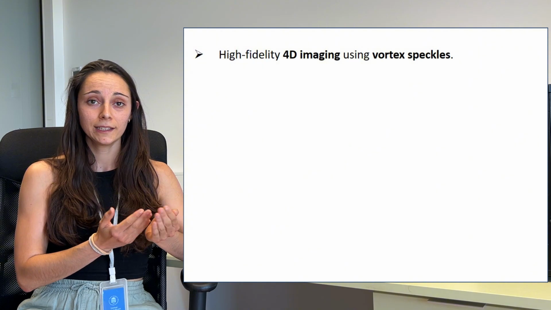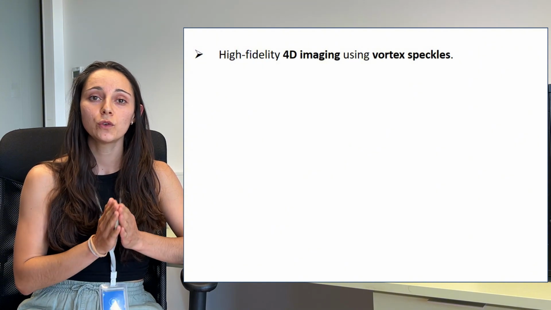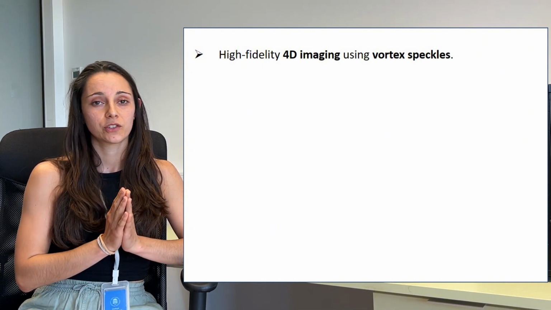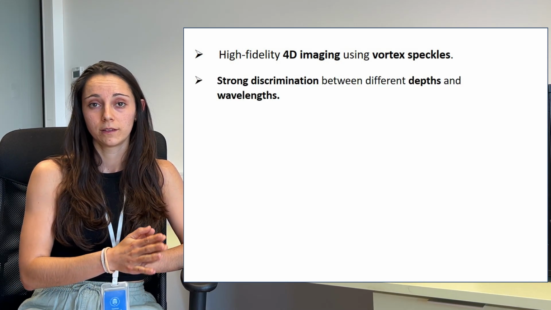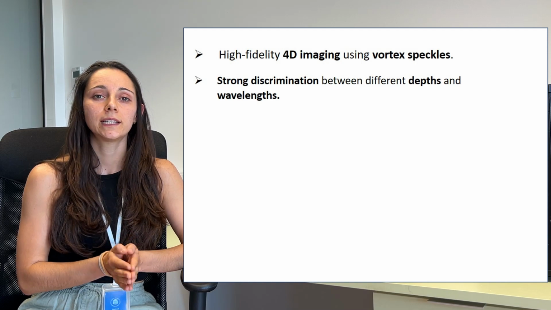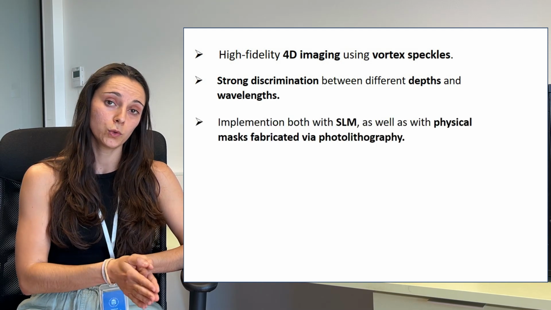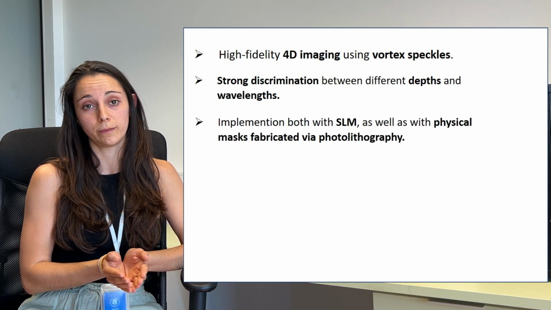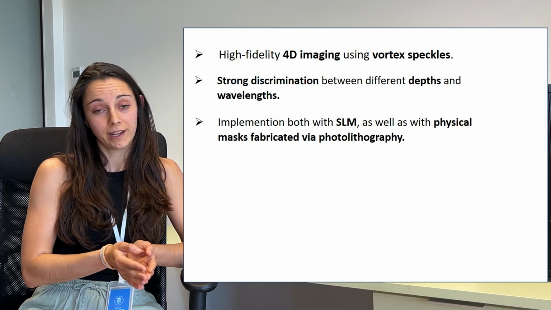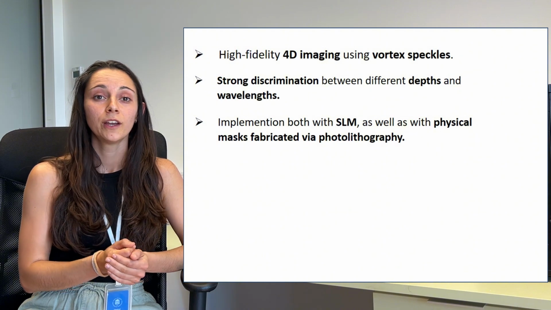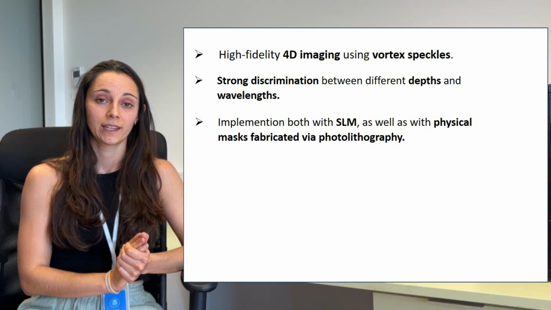Our findings can be summarized as follows. High fidelity for the imaging was achieved using vortex speckles with strong discrimination between different depths and wavelengths, and it has been proven that it can be implemented both with the use of an SLM, which allows tunability of the mask, as well as with physical masks, fabricated via photolithography, for a more compact setup.